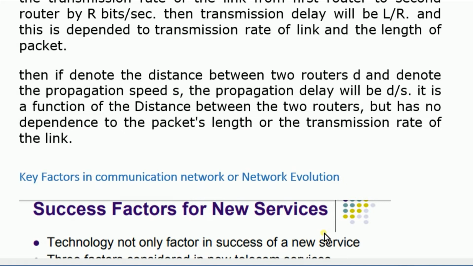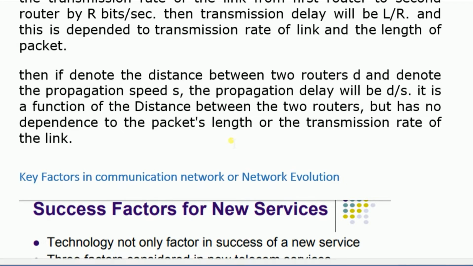D is the distance between two routers, two stations, and the propagation speed is how much time we will take to move the packet from one router to another router. D by S is a function of the distance between the two routers but has no dependence on the packet's length or the transmission rate of the link.